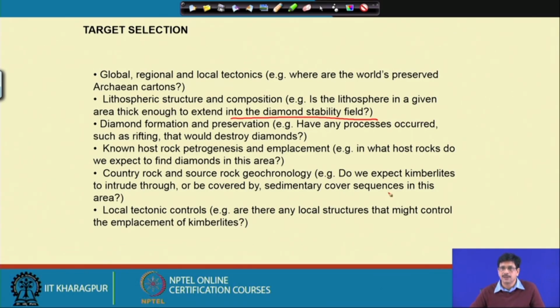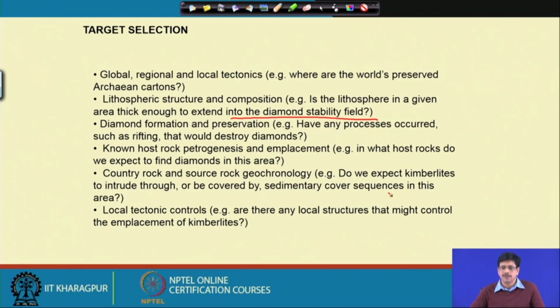Because if they are later covered by sediments, then the surface features that we are talking about will not be conspicuous, and there should be some other kind of techniques. And the local tectonic controls. All these points together will help in our selection of the target.